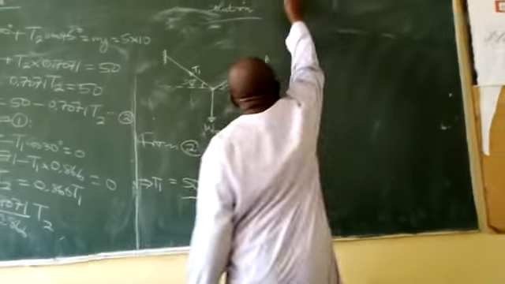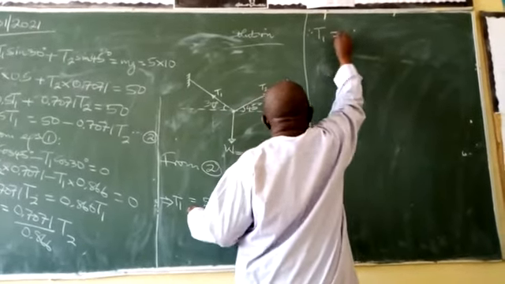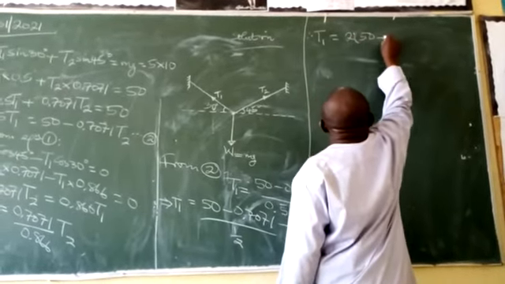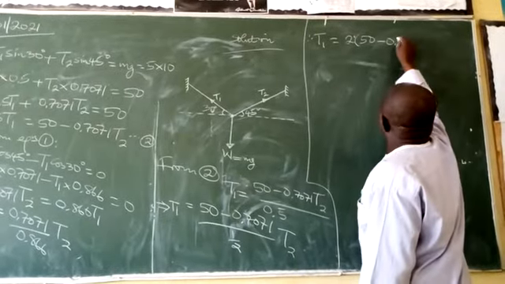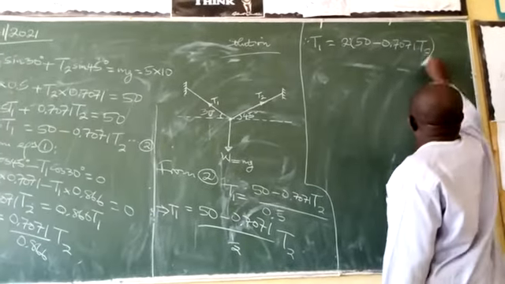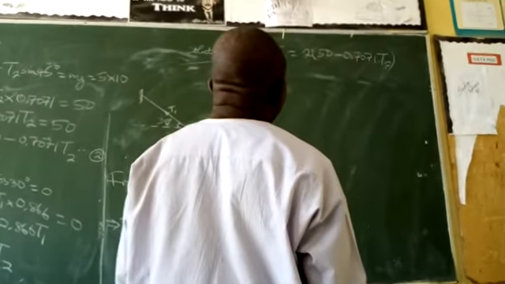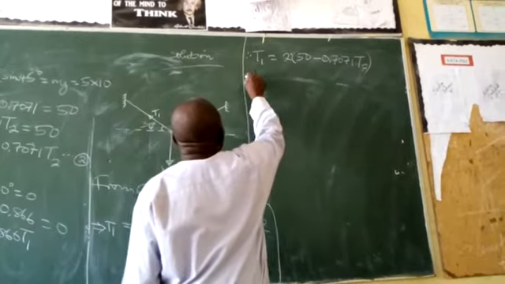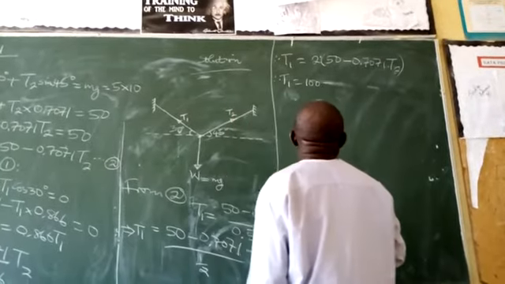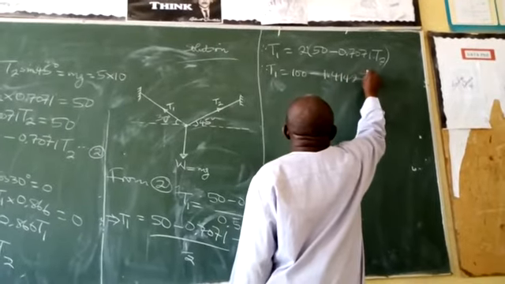Therefore, T1 is equal to 2 into 50 minus 0.7071 T2. I think it's okay, right? So then T1 is equal to 100 minus 1.4142 T2.